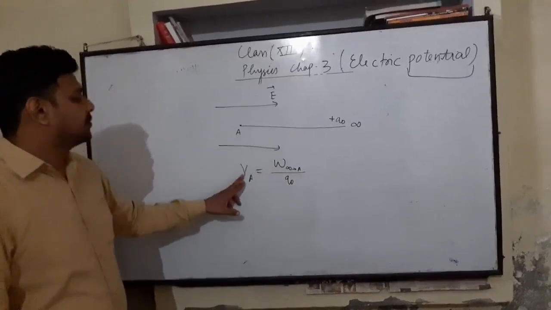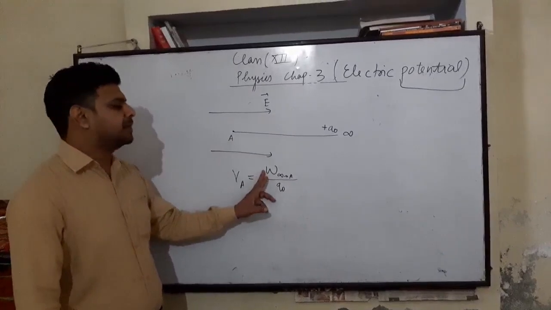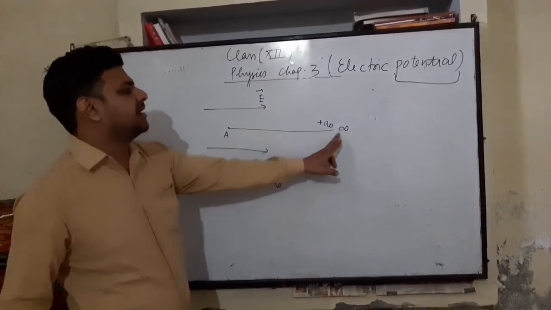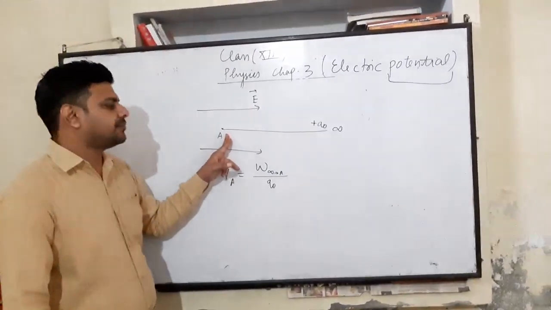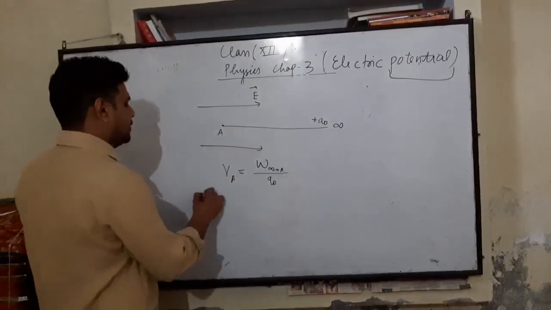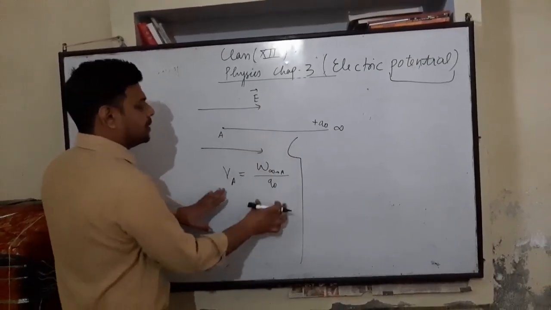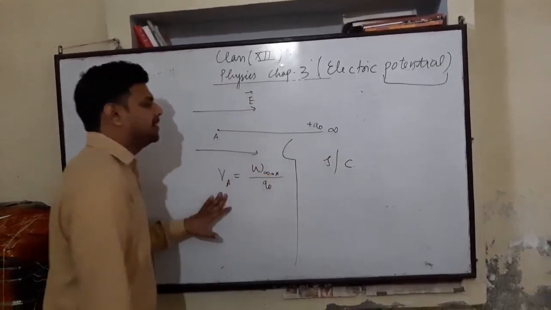So, electric potential is defined as the work done in bringing a unit positive test charge from infinity to this point. The SI unit for V is joule per coulomb, called volt.